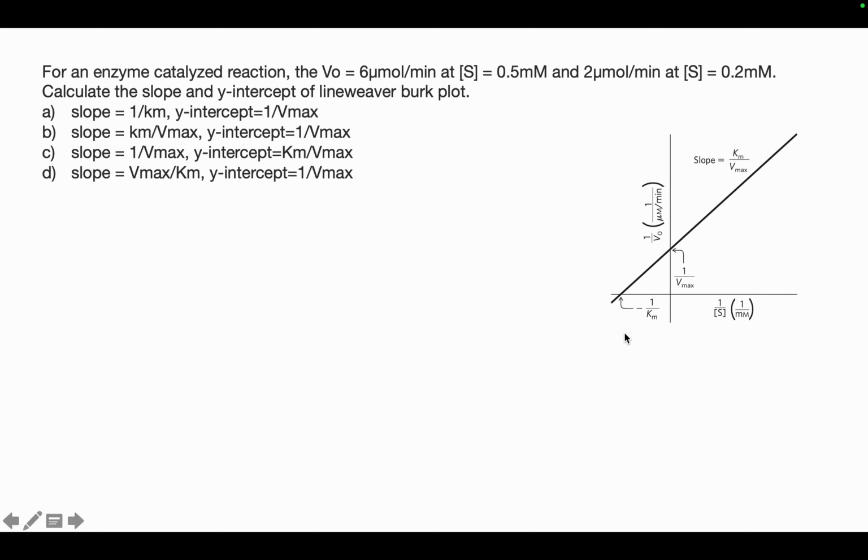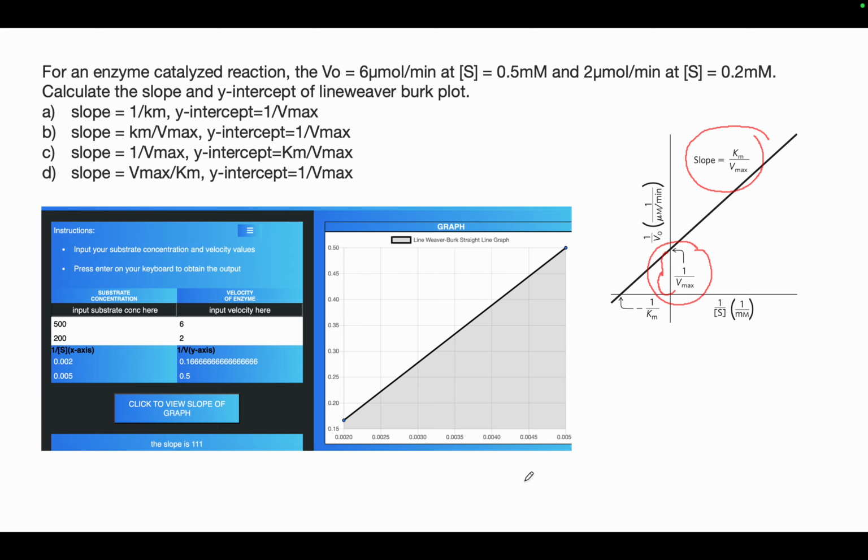It's a reciprocal of the Michaelis-Menten. The slope which we get from that plot is Km by Vmax, and the intercept is equal to 1 by Vmax. So we can plot this graph. I have already calculated it here.